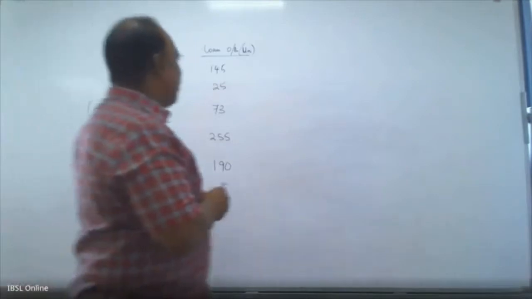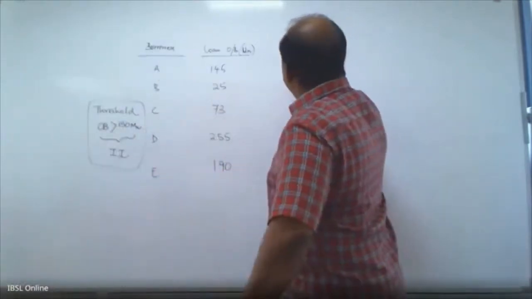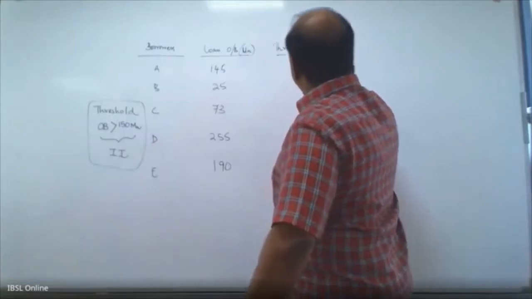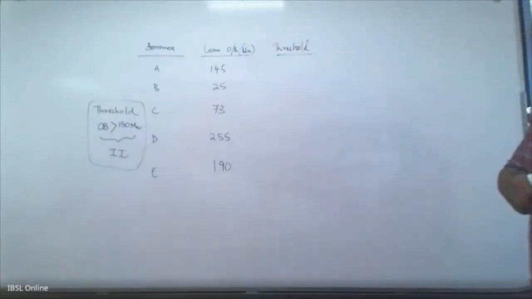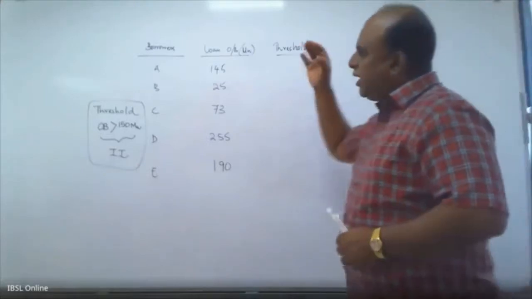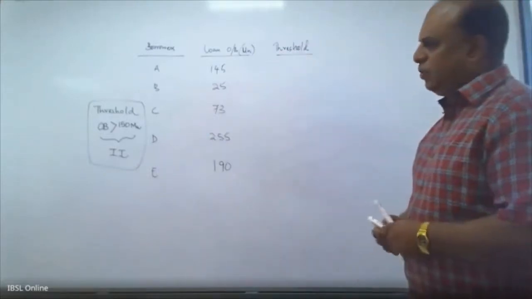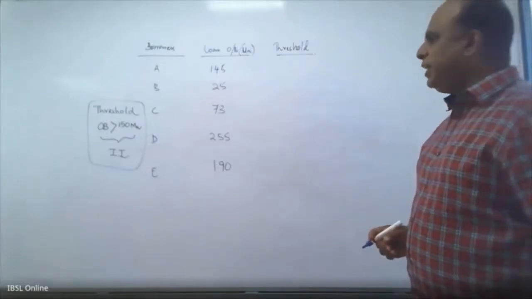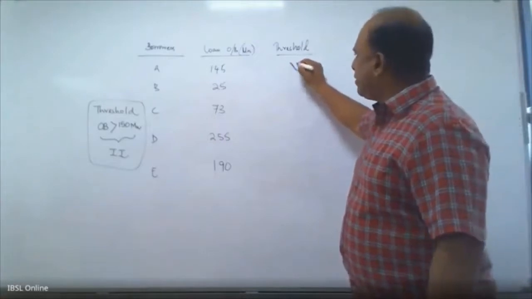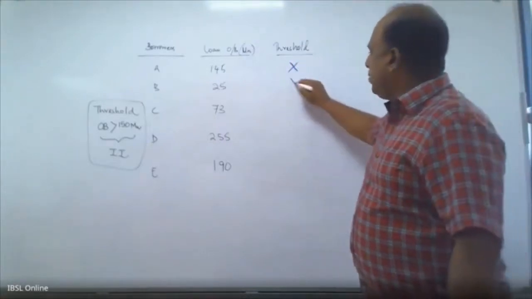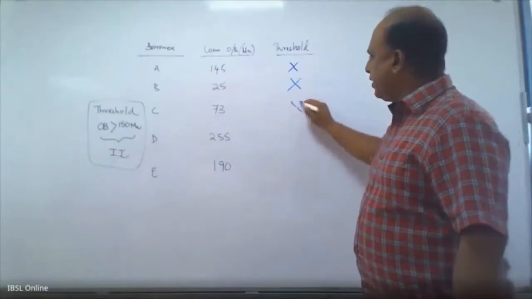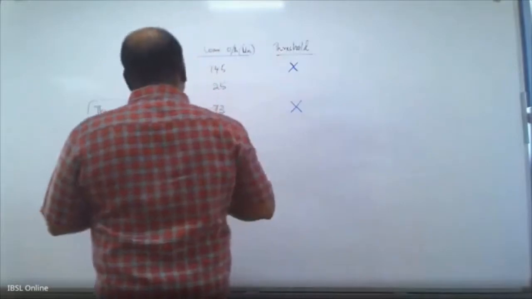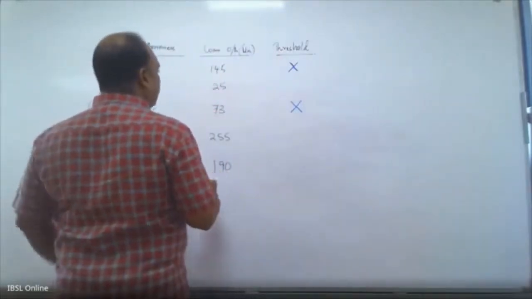Now look what is going to happen. Let's look at which loans are above the threshold. My threshold is 150 million outstanding.